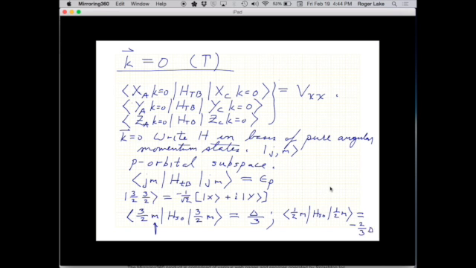Do you want me to write out how I got my delta over 3 and minus 2/3 delta? I wrote it out in terms of j times j plus 1, l times l plus 1, s times s plus 1. Then you add them all together and you get delta over 3 or minus 2/3 delta.